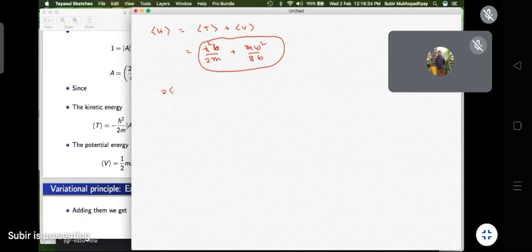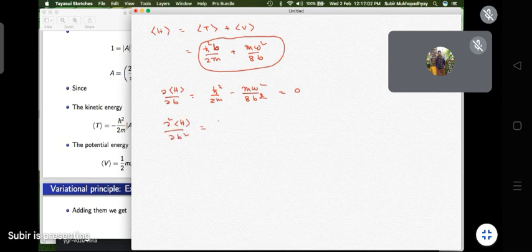Okay, so let's see. We take the derivative, del H del b, h bar square by 2m minus m omega square by 8b square, right? And we'll set it equal to 0. And from here you can immediately see that if I take the derivative one more time, del 2H del b square, the first term will go away.